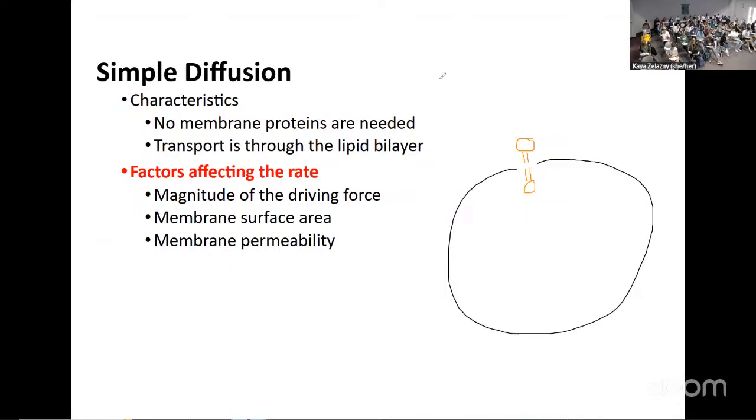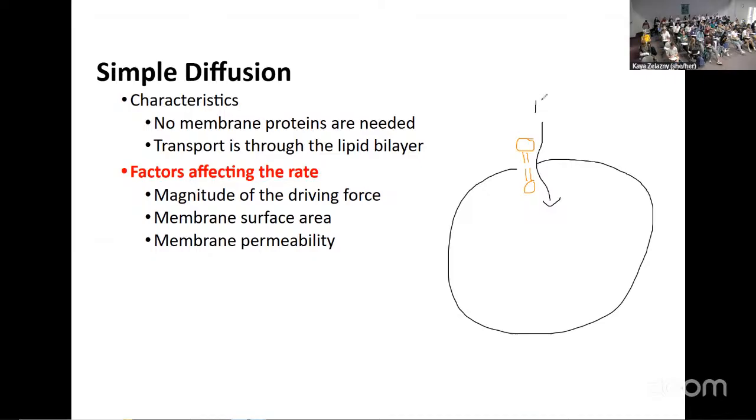We don't need any proteins because we can have that molecule, particle, whatever it is, going straight through, squeezing between our different phospholipids, right? So no membrane protein needed, it goes straight through the bilayer. It's going to be going with its electrochemical driving force, but in this case, we're going to be thinking about nonpolar molecules because that's what can get through without a protein.